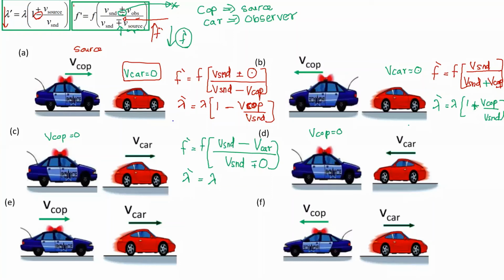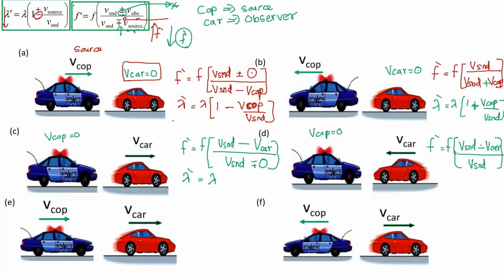Okay. So till I write the next one, tell me the sign for the V car in the second one in D. I'm going to write it. You all are going to tell me. So I got one. Yeah, it is positive.